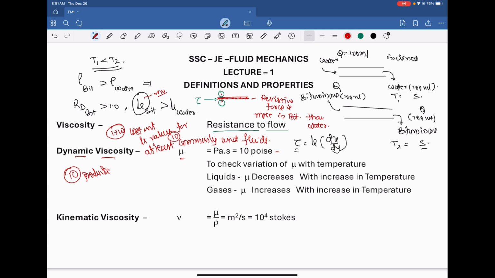That is the internal resistance between the molecules. In bituminous, the internal resistance between the layers will be more. That means viscosity is more. It takes more time for the product to flow.